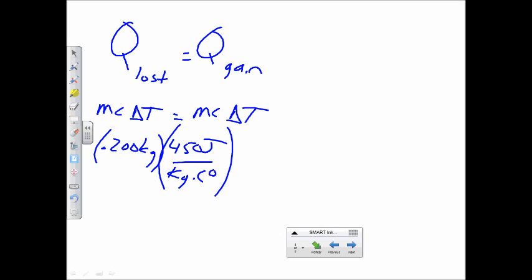Instead of writing delta T, we might write Ti minus Tf, because it's cooling. And we know Ti, right? What's Ti? Yeah, it started off at 95 Celsius. So let's put in a 95 C, like so.